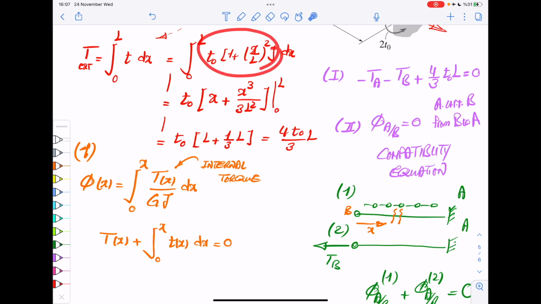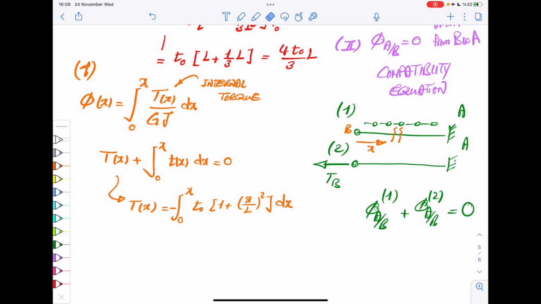Does that make sense? Okay, now what is that T as a function of x? It's basically what we just had here, and the integral is exactly that. So let's just do the proper integral.